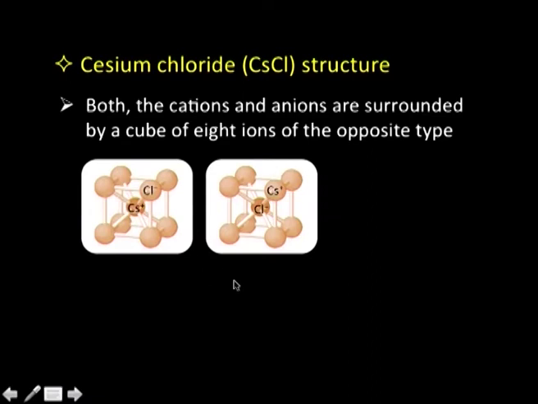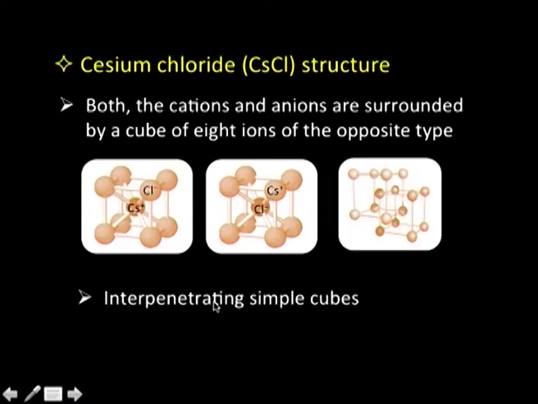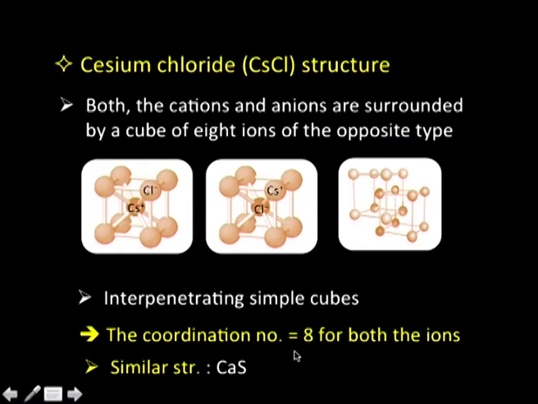In fact, these 2 ions form what are called interpenetrating simple cubes. That means there is a cube of cesium ions having a chloride ion in the center of it and vice versa. In such a case, the coordination number happens to be 8 for both the ions, and similar structures are adopted by calcium sulphide also. Calcium sulphide also has a structure of cesium chloride type. That is one characteristic structure of AX type of ionic solids.